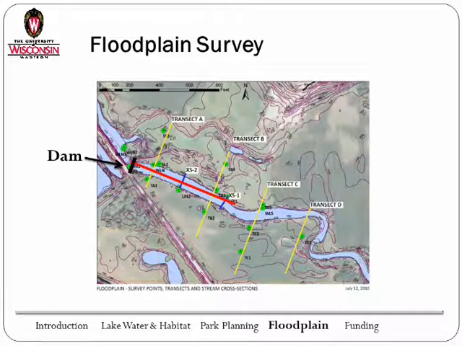Those soil cores were taken at these green locations. With these soil cores, we made a map of the sediment that has been deposited. The next figure you're going to see is a cross-section of the sediment deposited from the dam all the way up to our final transect.